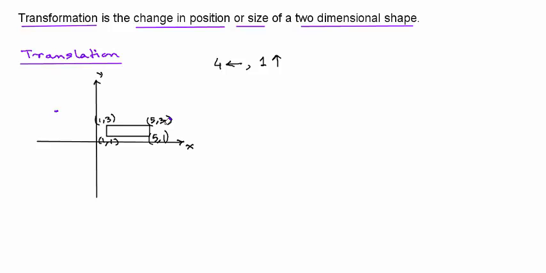Similarly, this 5, 3 shifts to 5 minus 4, which is 1, comma 3 plus 1, which is 4.